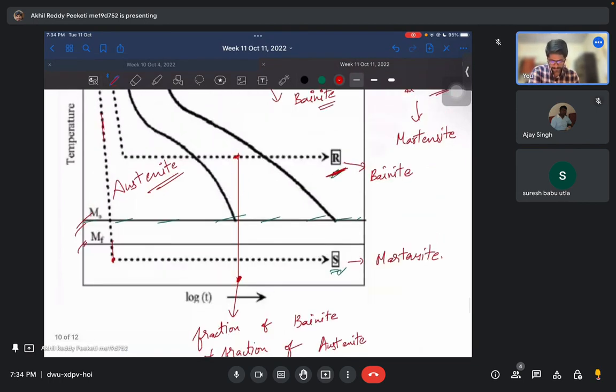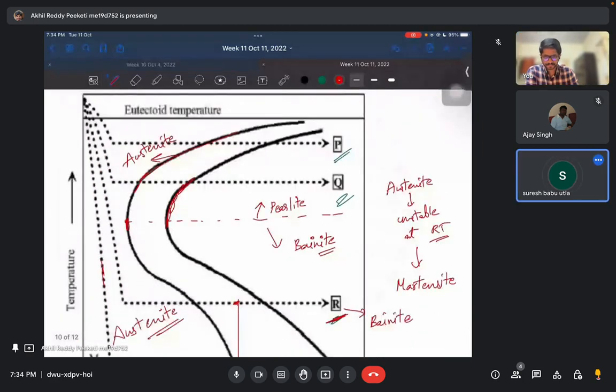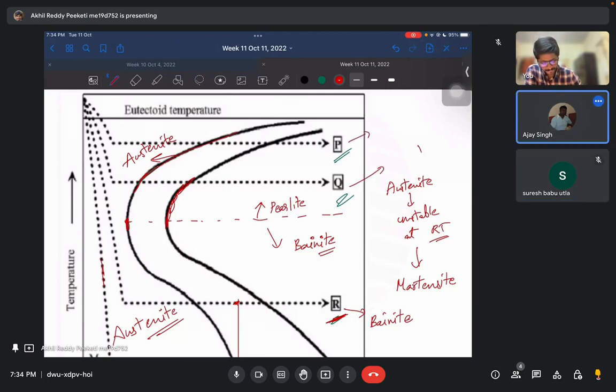Okay. So then what would Q be? In pearlite also there is a differentiation. Close to the nose, the pearlite will become finer and finer, and far away from the nose, it will be coarse.